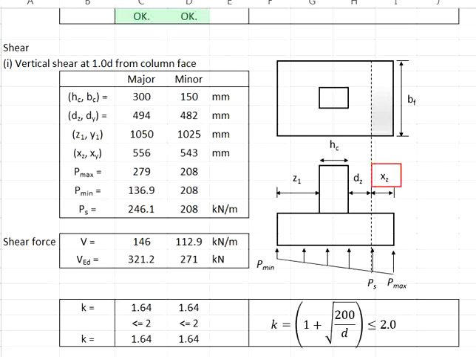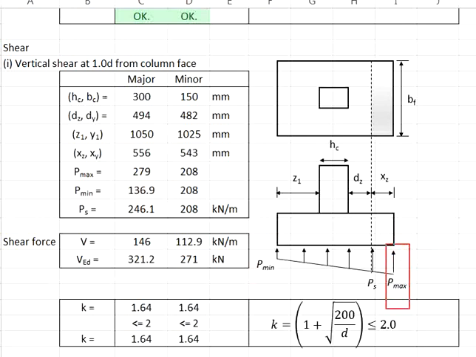Having this xz and xy determined, next we need to determine the stress located at this plane. Why do we need to do that? By determining the stress here, we are able to determine the area of stress here, which contributes to the shear force acting on this plane. Now, because of the moment acting in the major axis, the ultimate soil pressure will look something like this in the major axis.